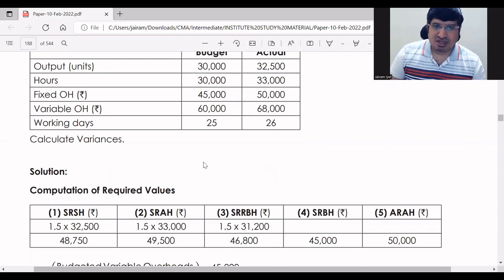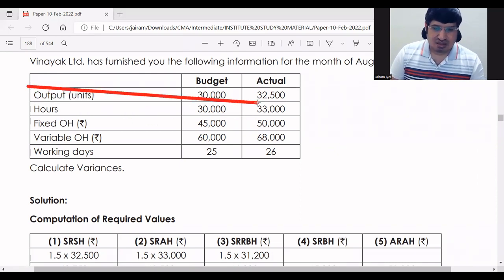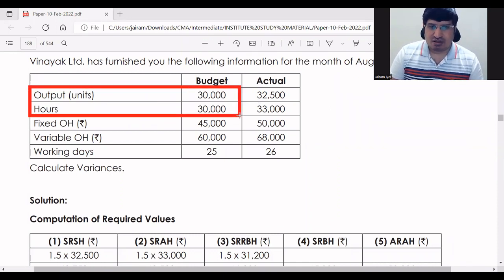For one unit, how many hours are required? Here, for 30,000 units, 30,000 hours are required. So for one unit, 1 hour is required. That is your standard hour per unit.